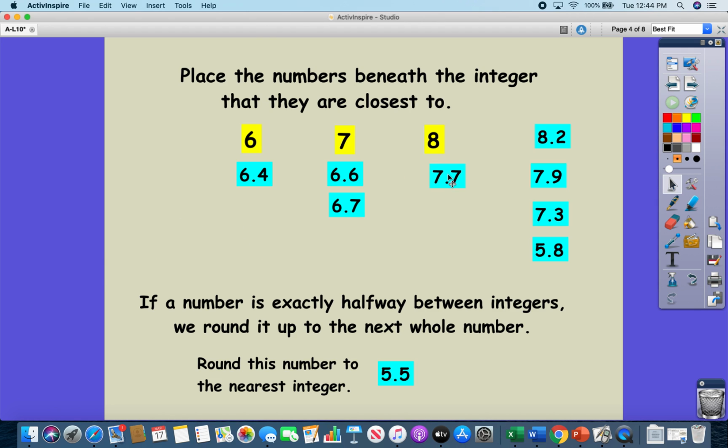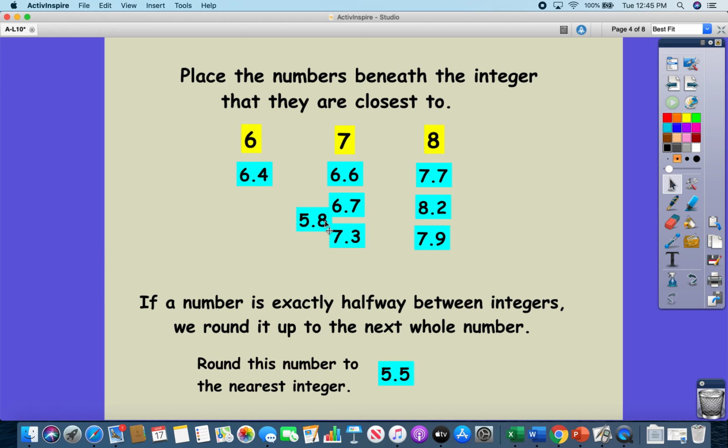So it's going to be closer to 8. 8.2 rounds down. So that means it's going to be closer to 8. 7.9, 9 rounds up. So I have to change it to an 8. 7.3 rounds down, closer to 7. 5.8 is going to round up to 6.